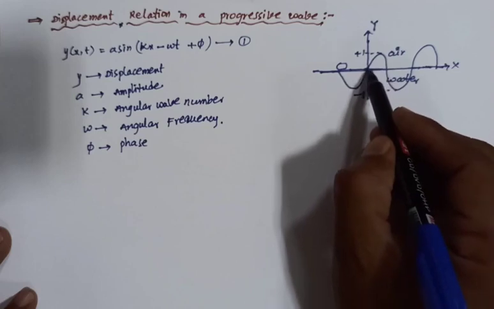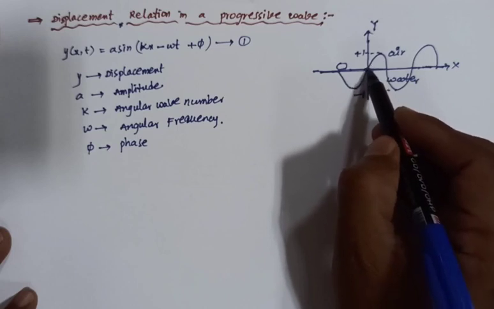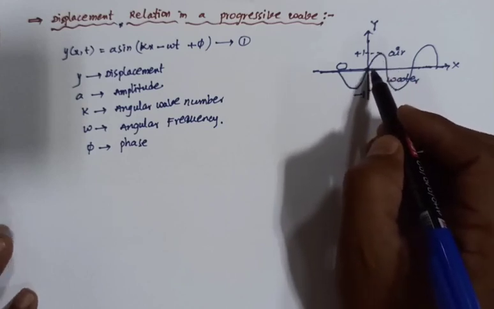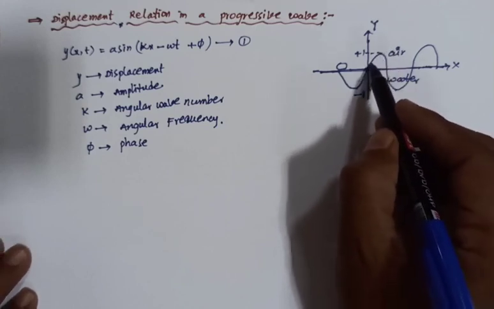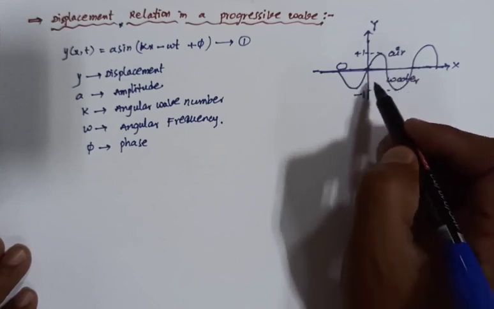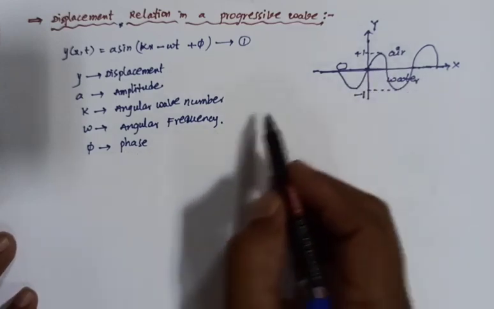At 0, that is the angle we have taken as the phase or phase angle. Phase is the location or the direction of a wave at an instant of time.